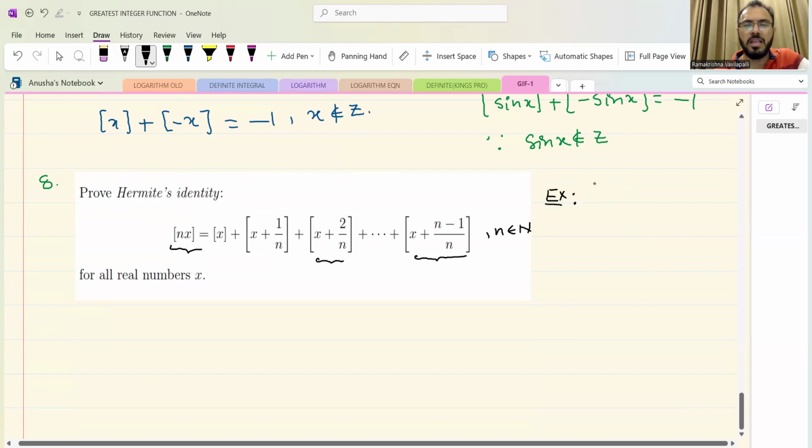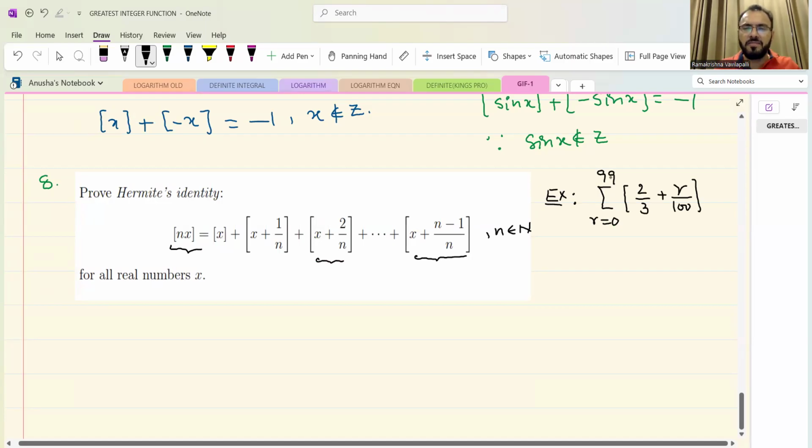One example: what is sigma of integral part of 2 by 3 plus r by 100, r equal to 0 up to 99?